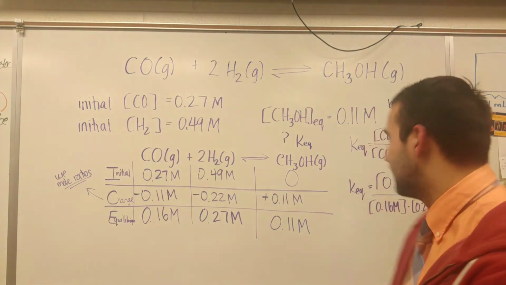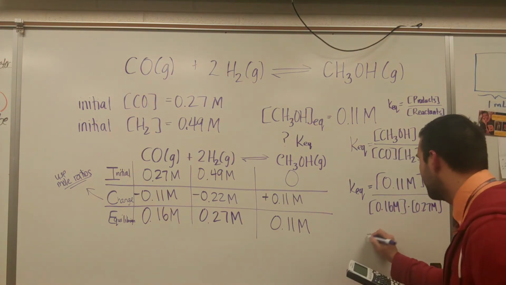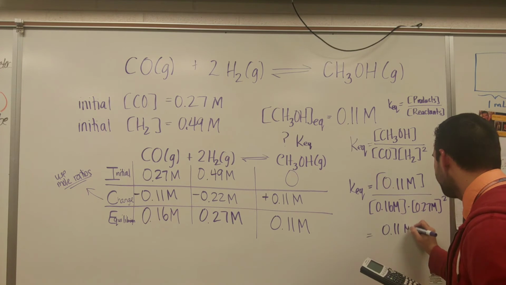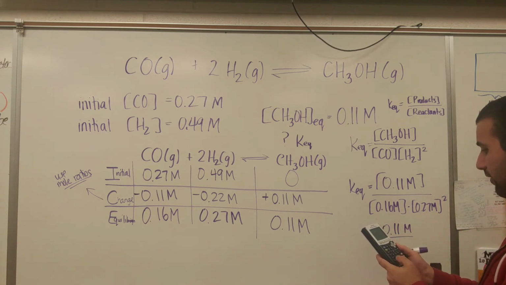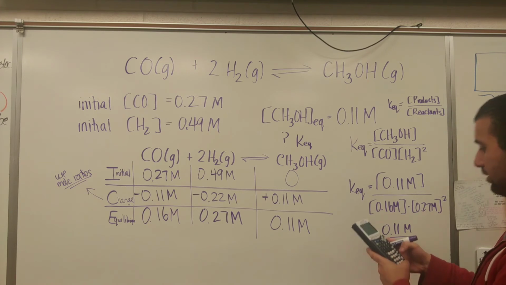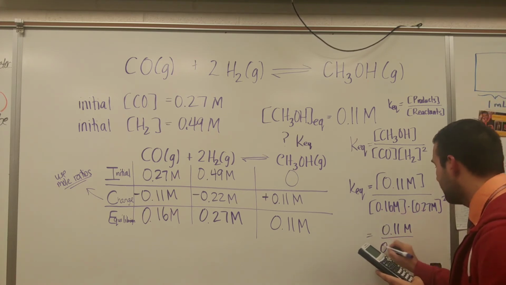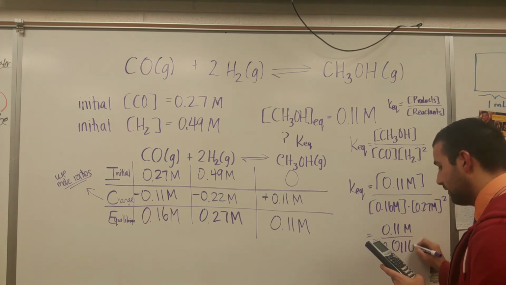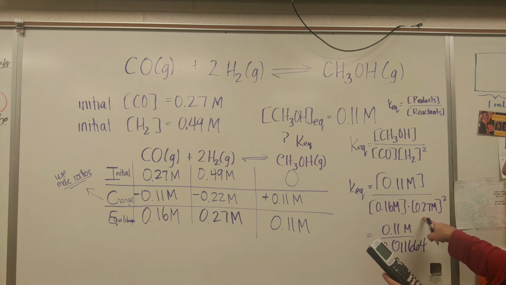They should be unitless. So 0.11 divided by, I'm just going to multiply my denominator. So 0.11 over 0.27 squared times 0.16. I get in the denominator 0.011664. And that's just because I multiplied these together.